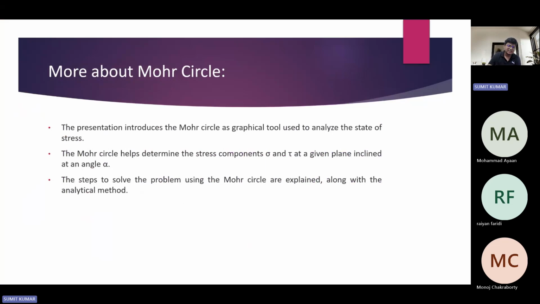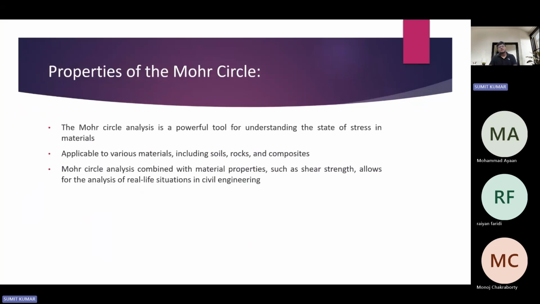Now see that the Mohr circle analysis is a powerful tool for understanding the state of stress in a material, applicable to various materials including soil, rock, and composites. The Mohr circle analysis combined with material properties such as shear strength allows for the analysis of real-life situations in civil engineering.